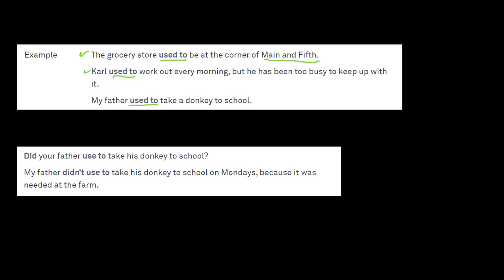Yeah, there is a little difference, a slight difference. Look at the first sentence. Used to here is followed by be. Meanwhile, in the second and the third sentences, we don't have any be after used to, right?